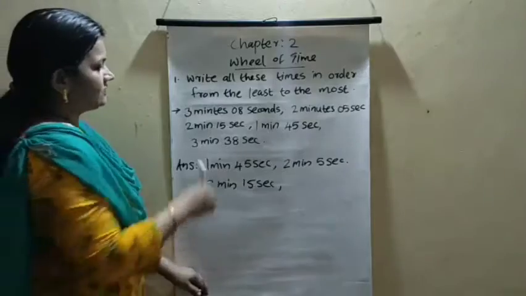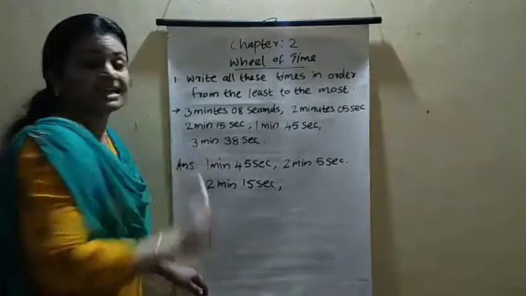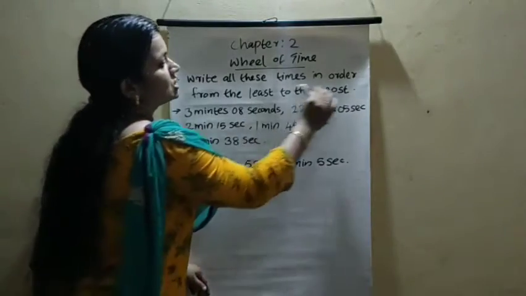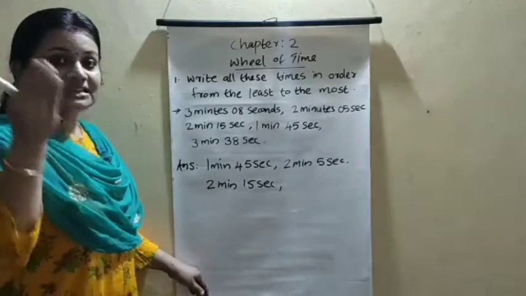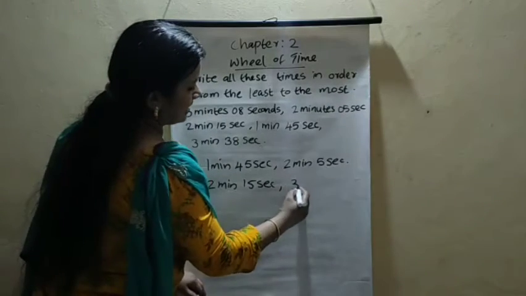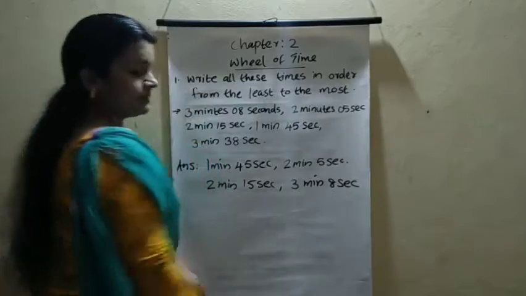Then the last ones: 3 minutes 8 seconds and 3 minutes 38 seconds are given. We want to write these arranged from least to most. First you write the smallest time, the least time. So we write 3 minutes 8 seconds. What is SEC?